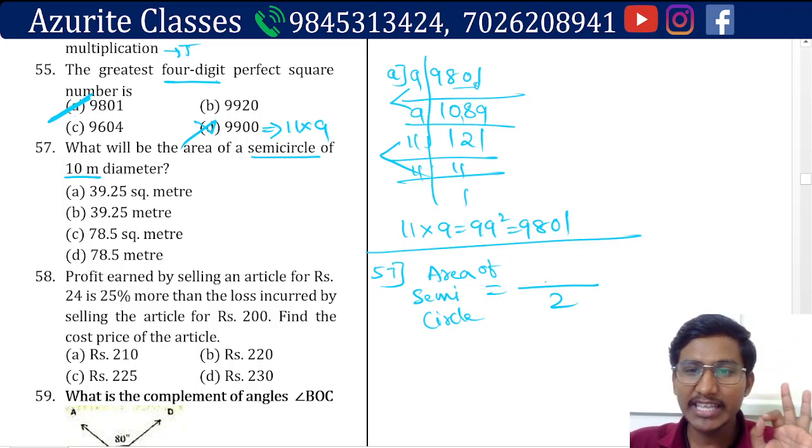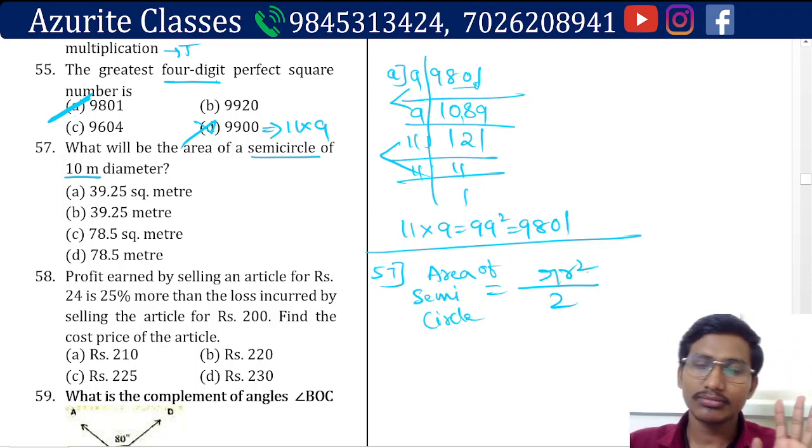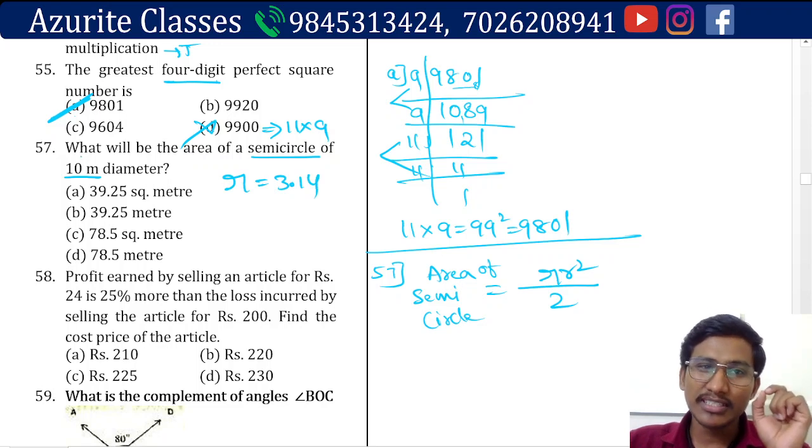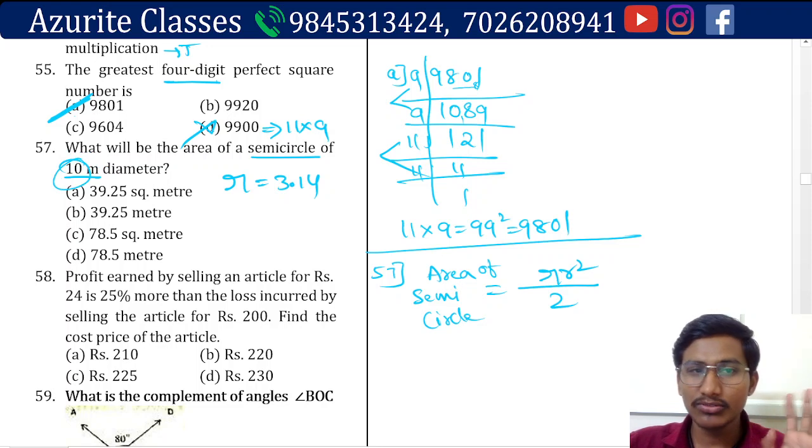We know circle area is pi r square, so half of pi r square. Here pi value is not given, and the radius or diameter is not a multiple of 7, so we take 3.14, it will be easy.